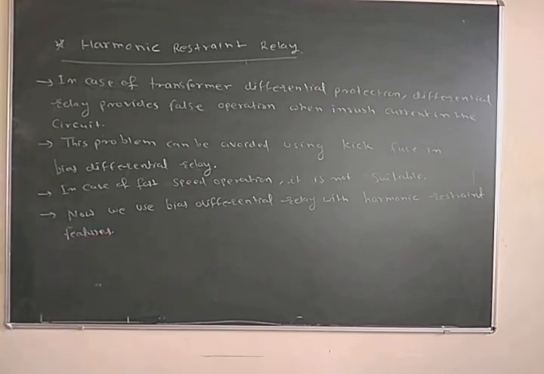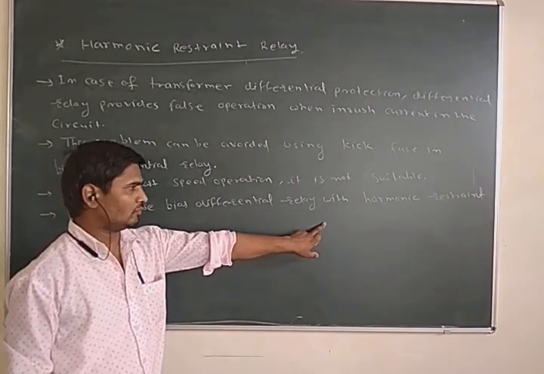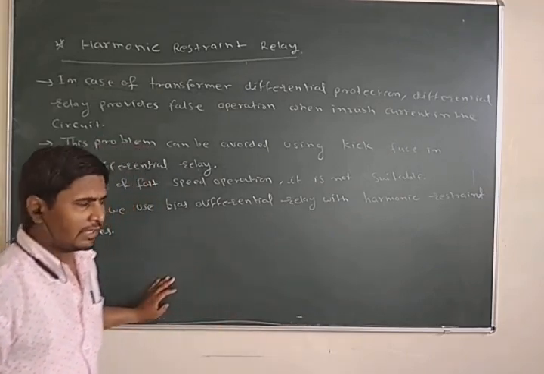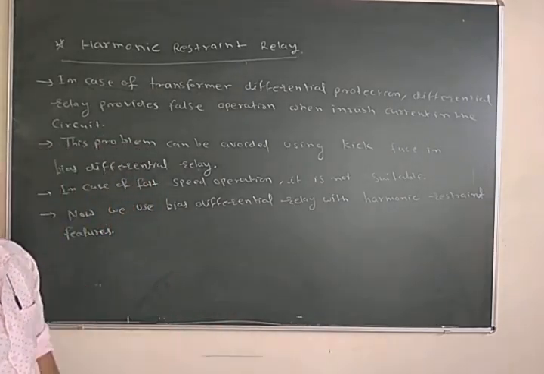To avoid false operation of the relay during inrush current flow, we use the harmonic restraint feature in the bias differential relay. This type of arrangement will avoid the false operation of the relay during inrush current flow.